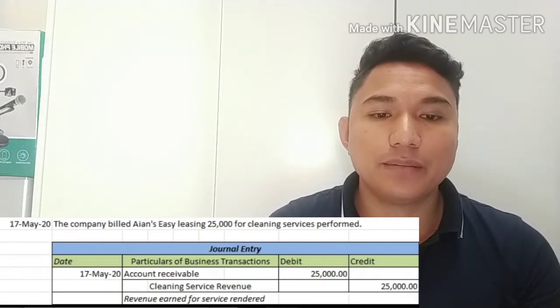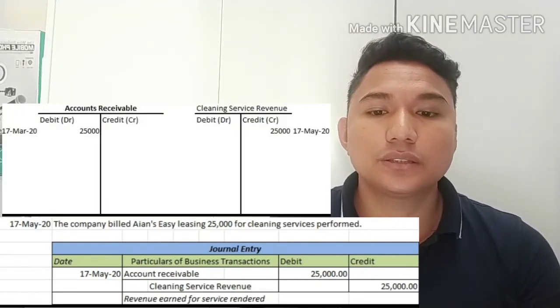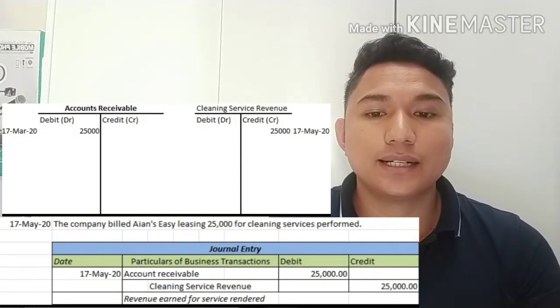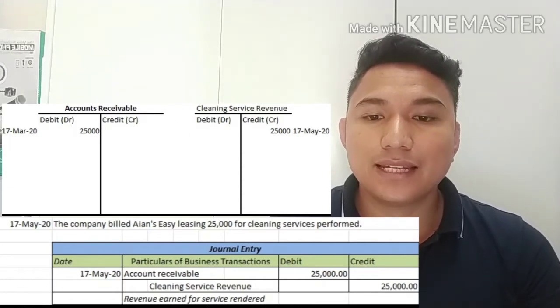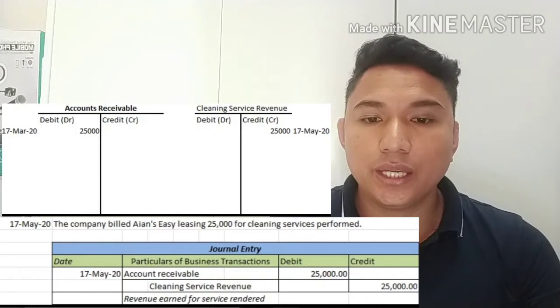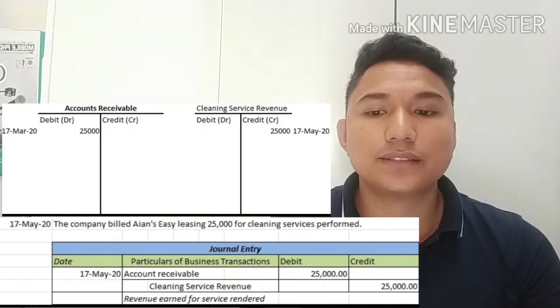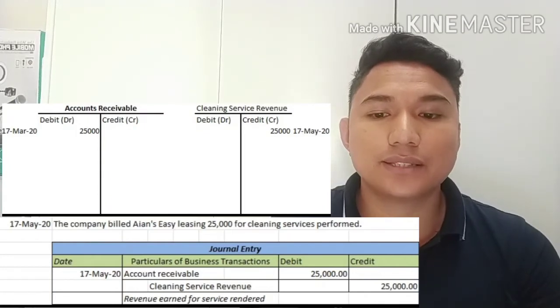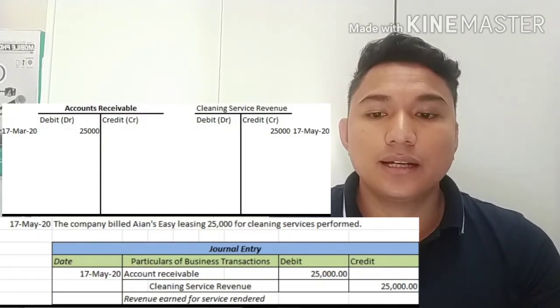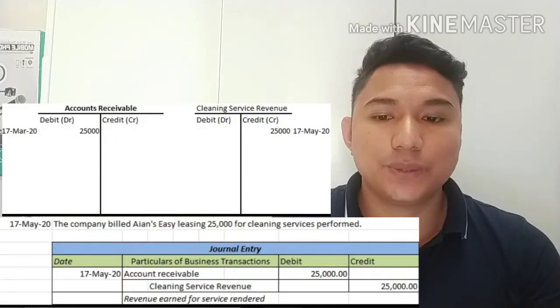So we are going to debit accounts receivable 25,000 in our T account, and then we have to credit cleaning service revenue 25,000, date March 17, 2020.